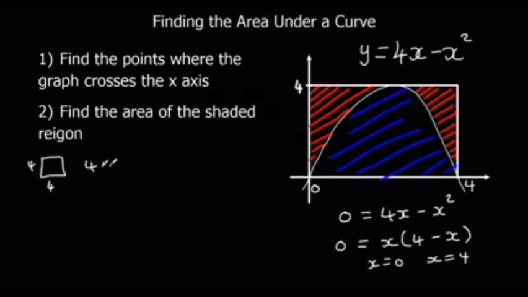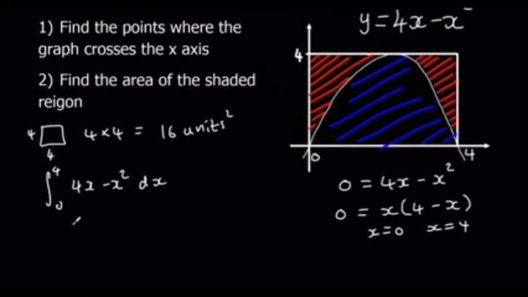So 4 times 4, that's going to be 16 units squared. So we're going to work out the area of the blue area, the area under the curve, and then take it away from 16. So we've got the integral of 4x minus x squared between 4 and 0.